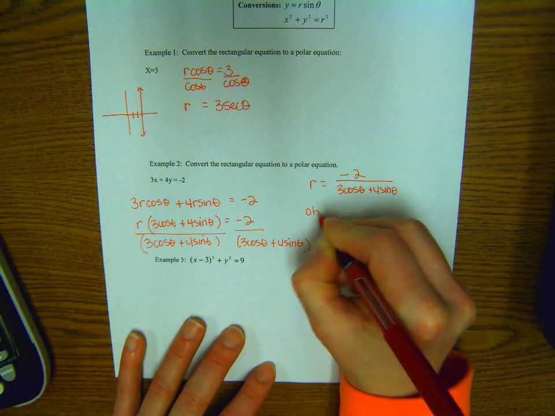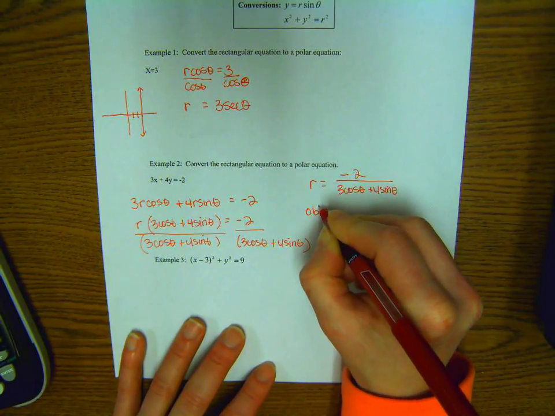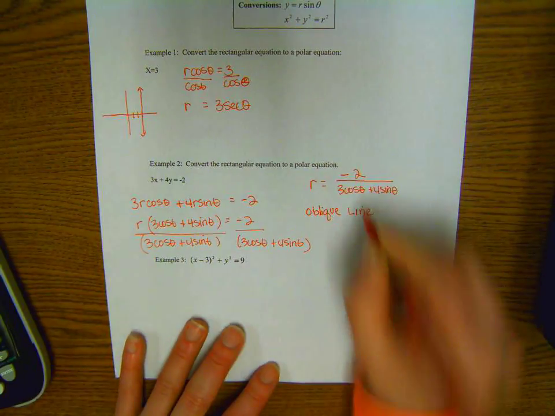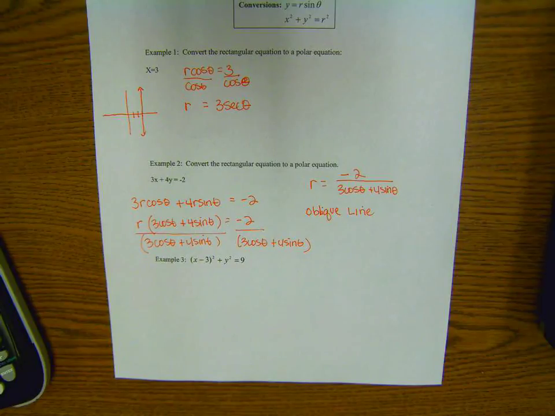And I should get an oblique line when I do that. Make sure that you use parentheses on the denominator.